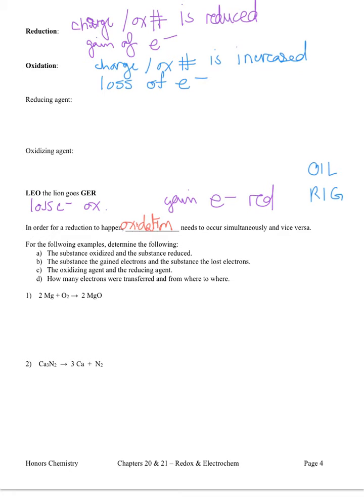So what oxidation state would it have? It would have an oxidation state of 0 because it's an element all by itself. Let's look at oxygen as an O2. Again, this is an element in its natural form, so that would also have an oxidation state of just 0.